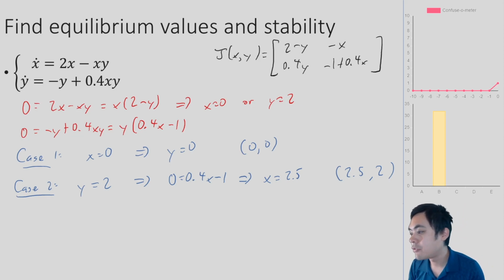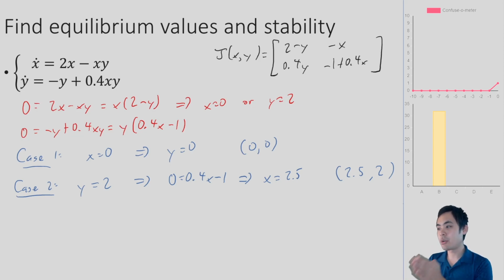So every ratio of 2.5 to 2 is an equilibrium? No, that's a very good question. That's not quite right. So you should think of this as a dimensionless thing. So it's not the ratio that's an equilibrium, it's the exact value. Of course, one way of thinking about this is maybe it's 2.5 times 1,000.